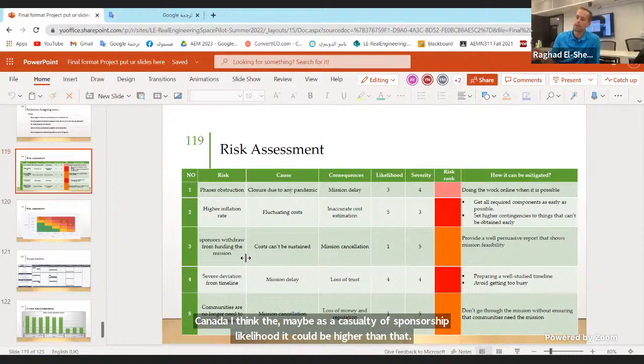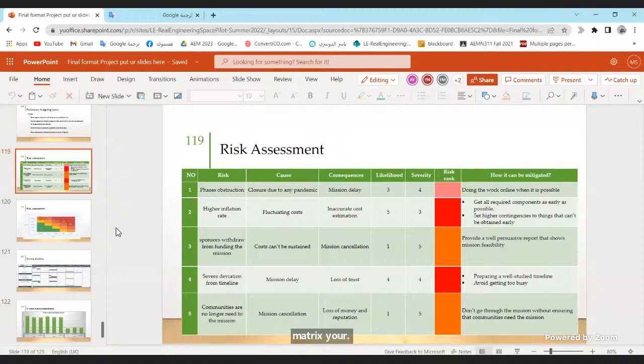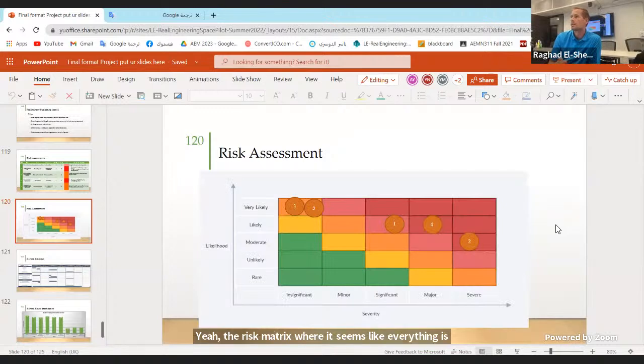It also brings me to your risk matrix, where it seems like everything falls in the very likely or severe range, in the reddish, orange-ish area. So maybe as you're wrapping up your project, think about how you can convince your stakeholders that this is a viable project, or find ways to mitigate your risks to get it into the yellow and greenish areas. Thanks.